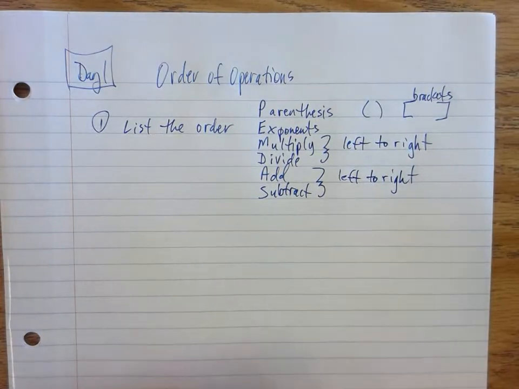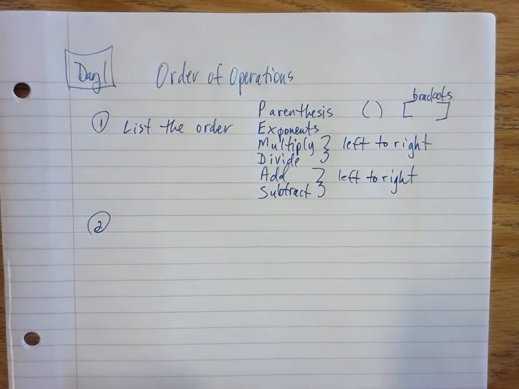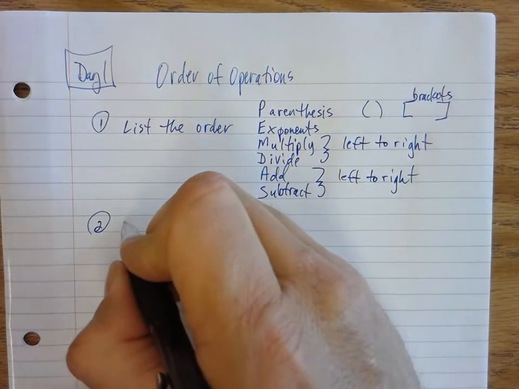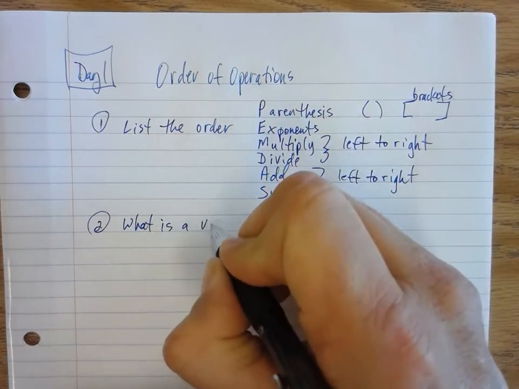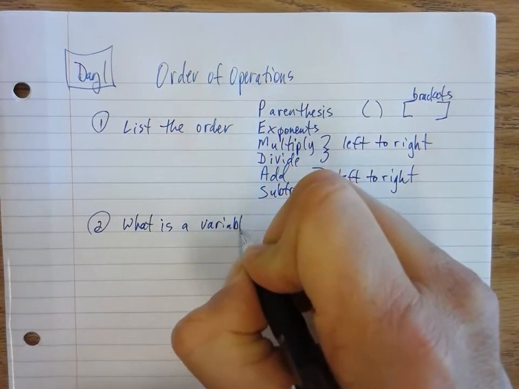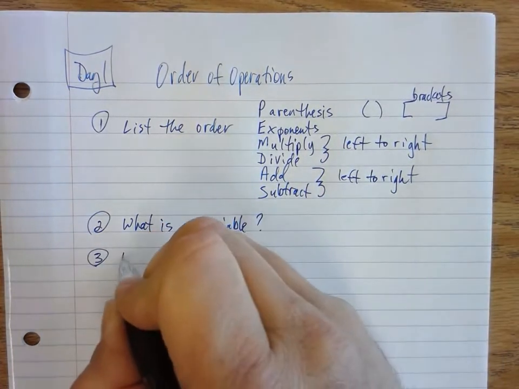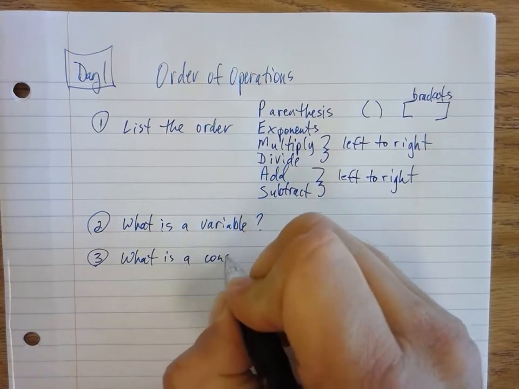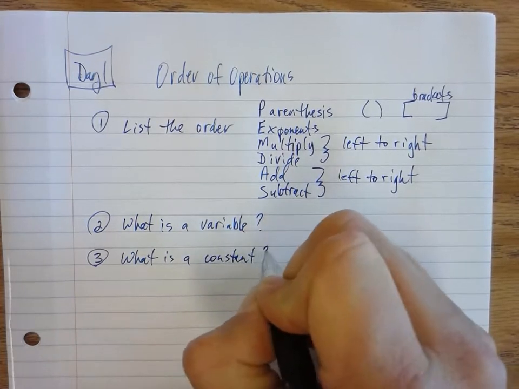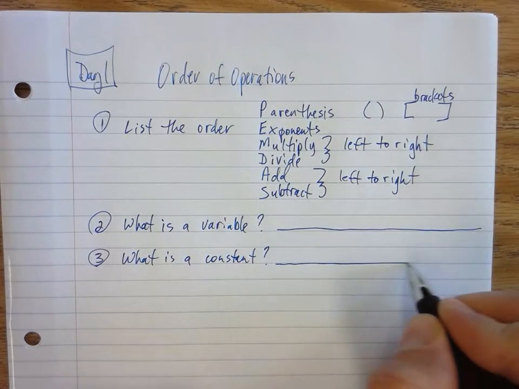Okay, so let's talk about another thing we want to review, which is the difference between a variable and a constant. So what is a variable is the first one, and for number 3, what is a constant? Alright, so a variable, if you had to fill in the blank over there for what is a variable, what would you write?